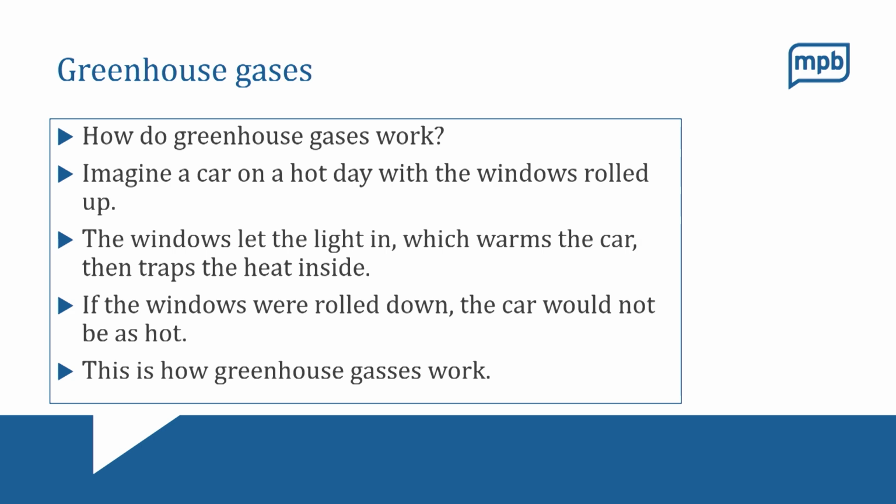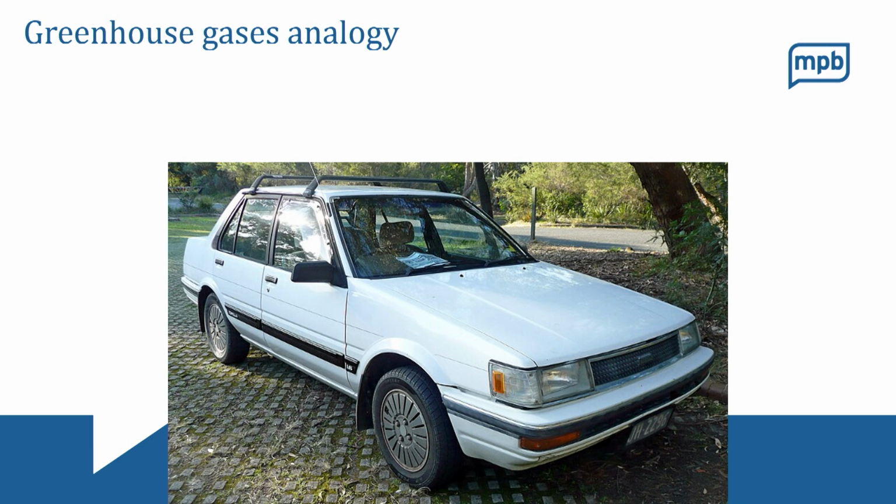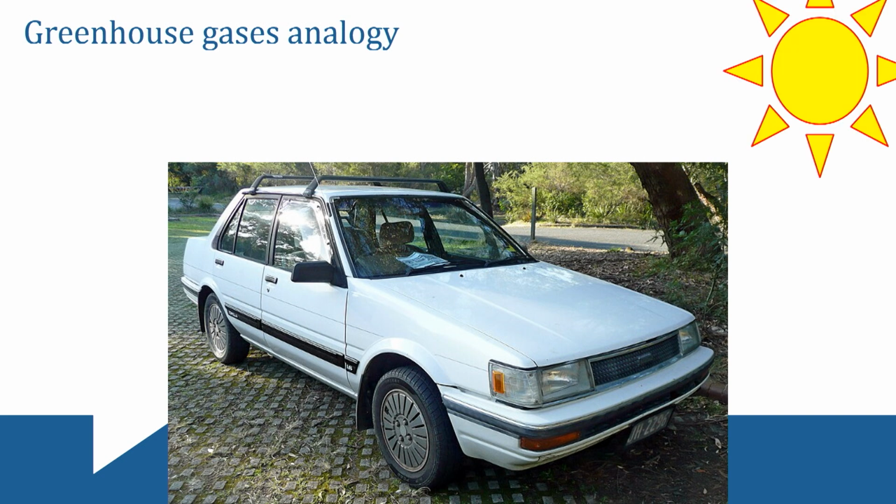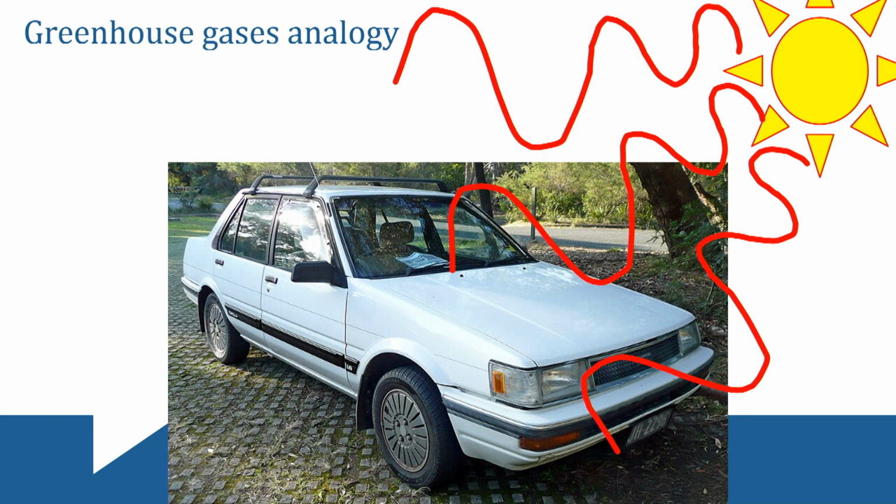And I wanted to walk you through this in a little bit of detail. So this car represents the Earth. When you leave your car out in the parking lot with no shade, that sun is going to start warming your car up, right? It starts to radiate heat, and when it's radiating heat, it's going to warm it up. So the sun is warming up this car, it's warming up the Earth.